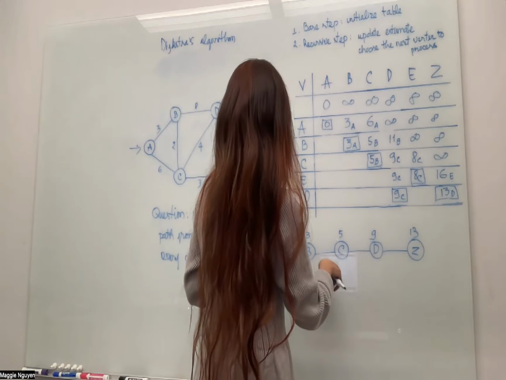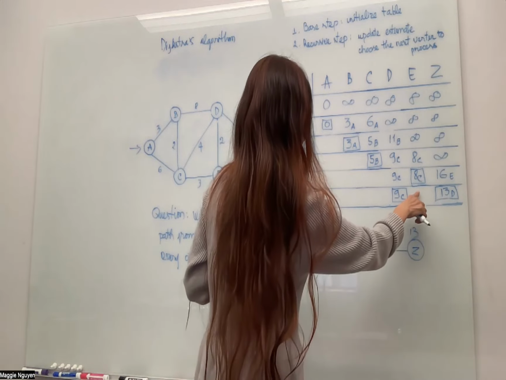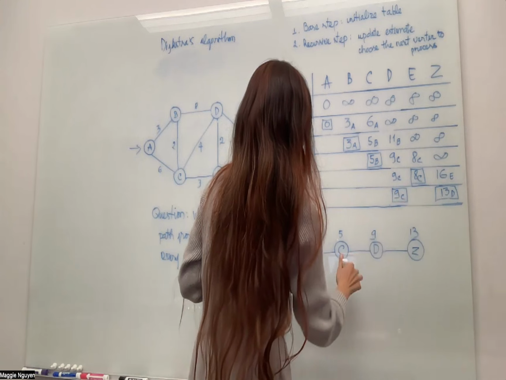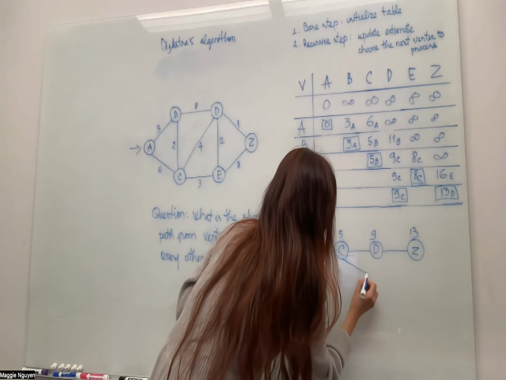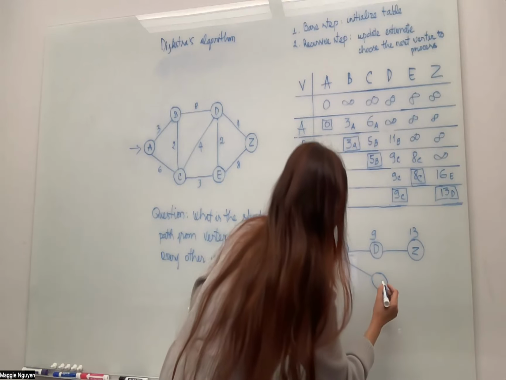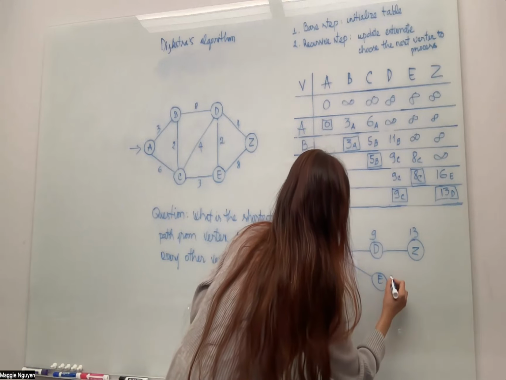So we got almost every vertex. And then we don't have the E from C. E, we got the 8 from C, so it should be E right here. And then we have A.